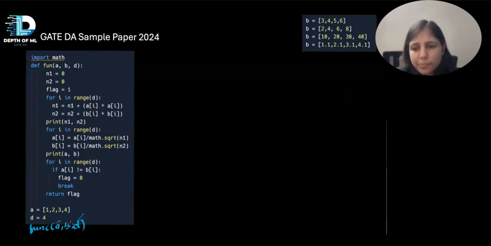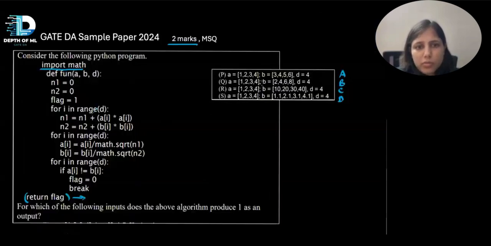They're the same for all the 4 options. Only B is changing. If we observe this, we'll be able to quickly solve this question.